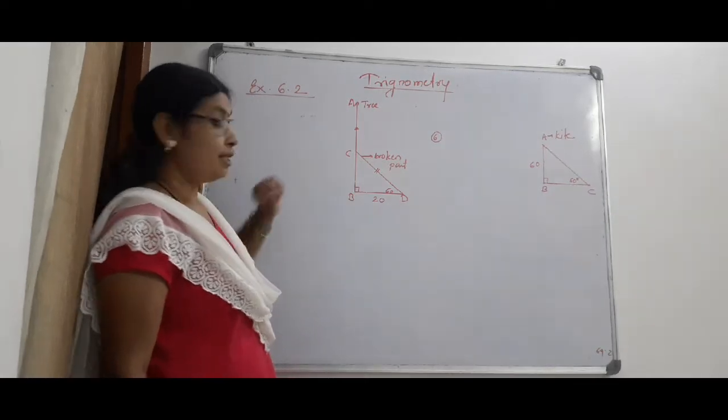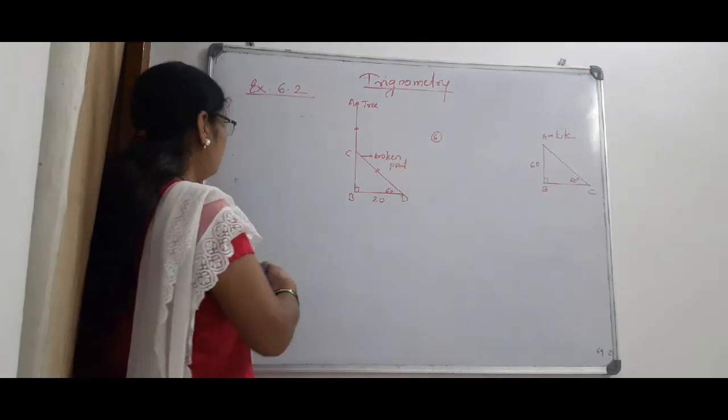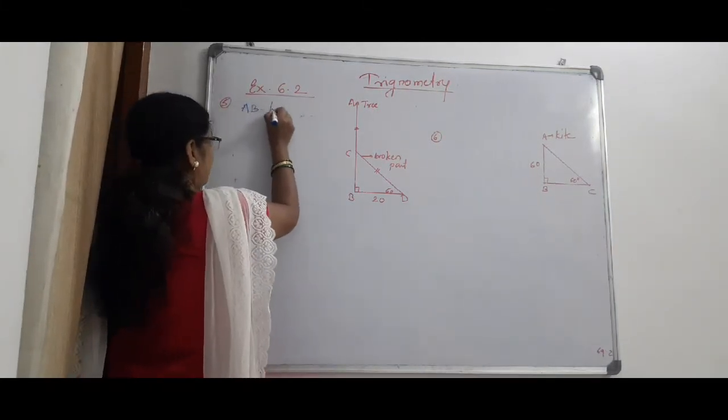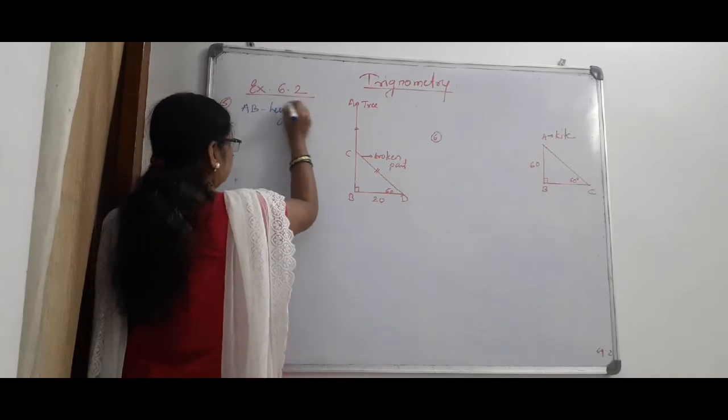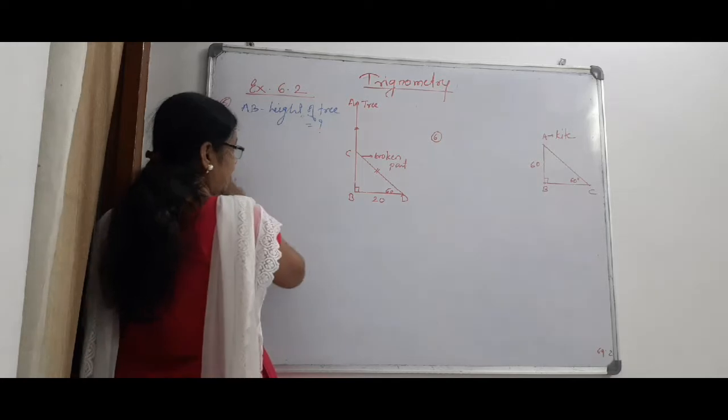Now see here, what is given? First you have to write down. AB is height of tree, that you have to find out.